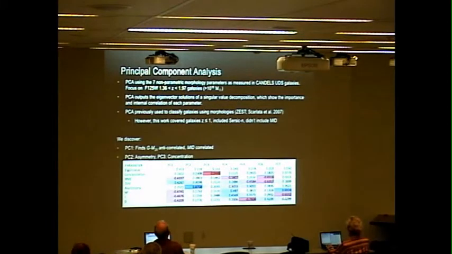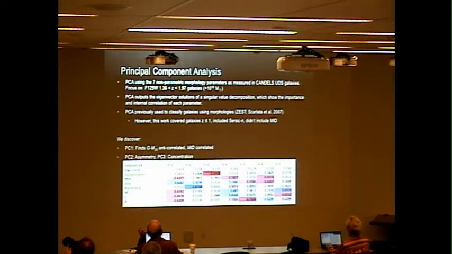I used a principal component analysis on these 7 morphology parameters, specifically for CANDELS UDS galaxies, and we only focused on a certain redshift range around z of 1.5, so that we could get a specific rest frame band. And we only chose high mass galaxies that were also bright.